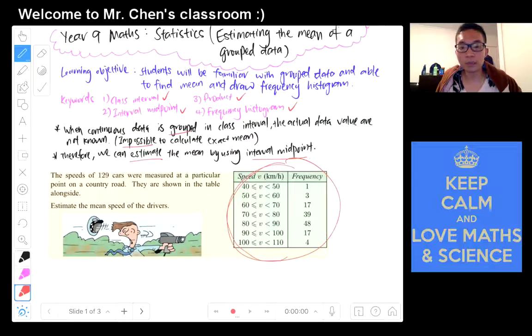Continuous means something that you have recorded, like the weight of pumpkins, or in this case the speed of car travel. What happens is when you group them up, you don't know the actual data, and it is therefore almost impossible to find the exact mean. However, we can estimate the mean by using the midpoint of each of the group data.